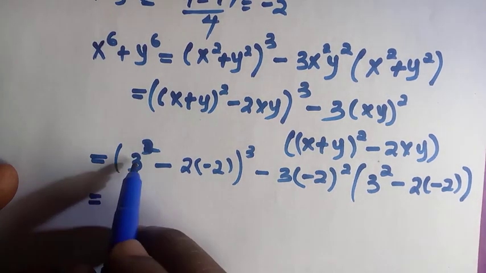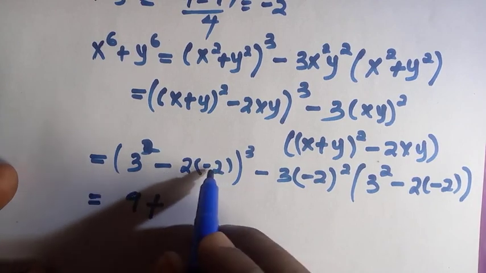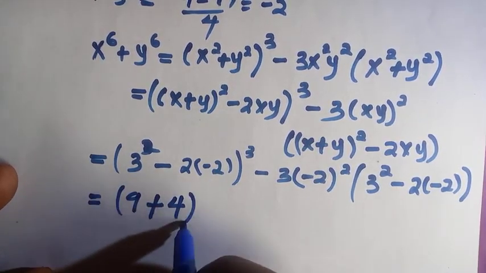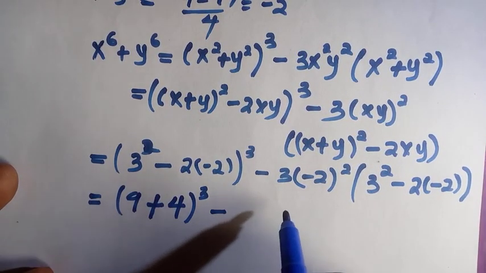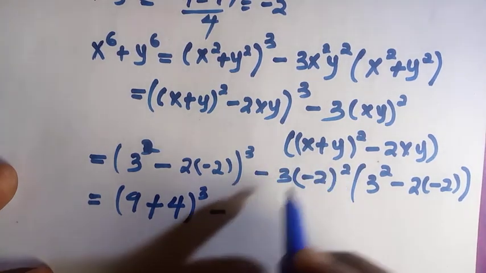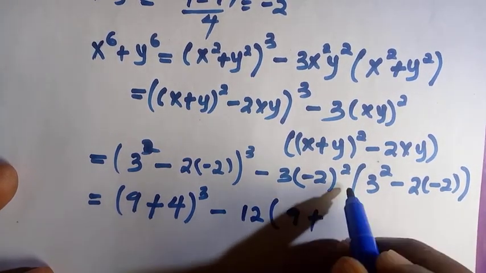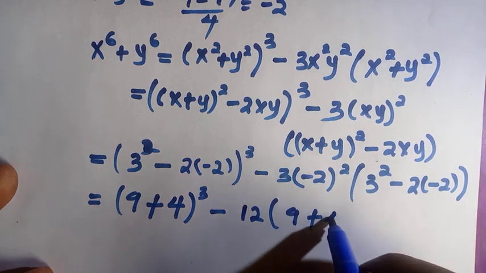If we expand this, 3 squared is 9, plus 4, raised to power 3, minus 12 times (9 plus 4).